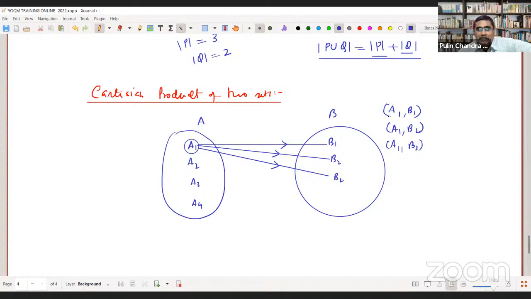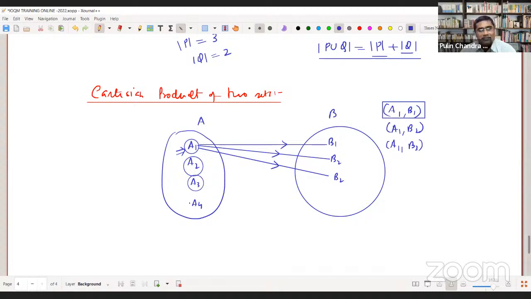This symbol will remind me that I told A1 to meet B1 and they met. If I take one friend, he has to meet 3 friends. If I take the second friend, he will again meet 3 friends.